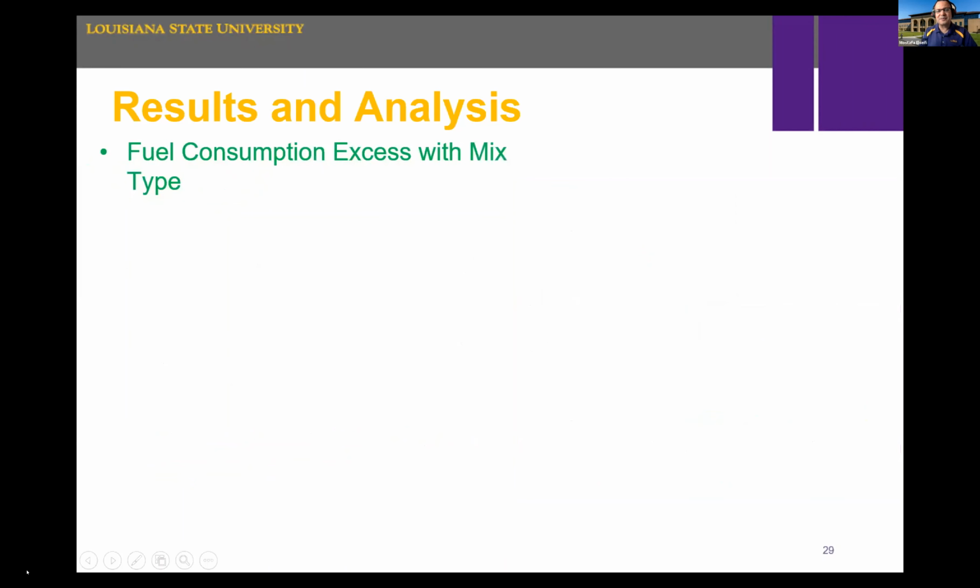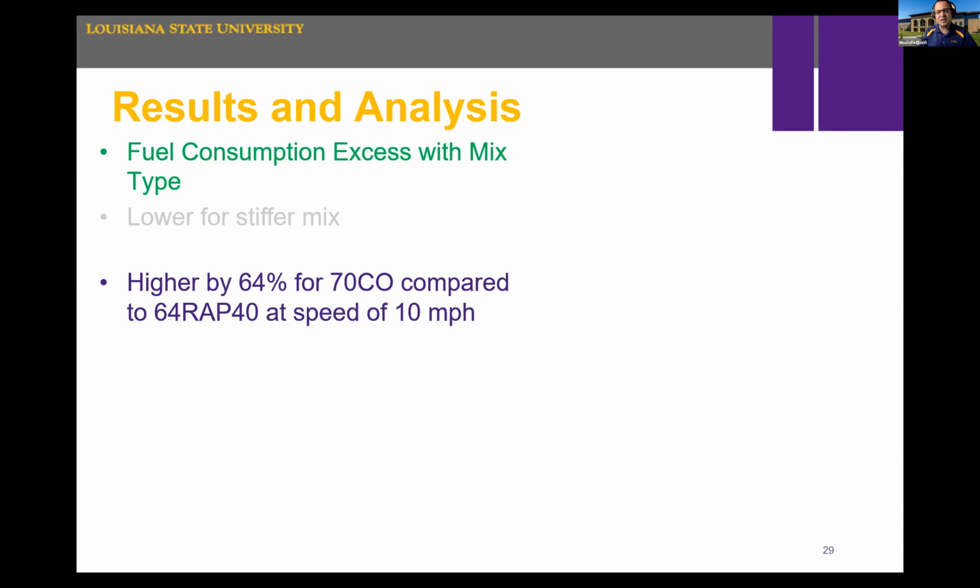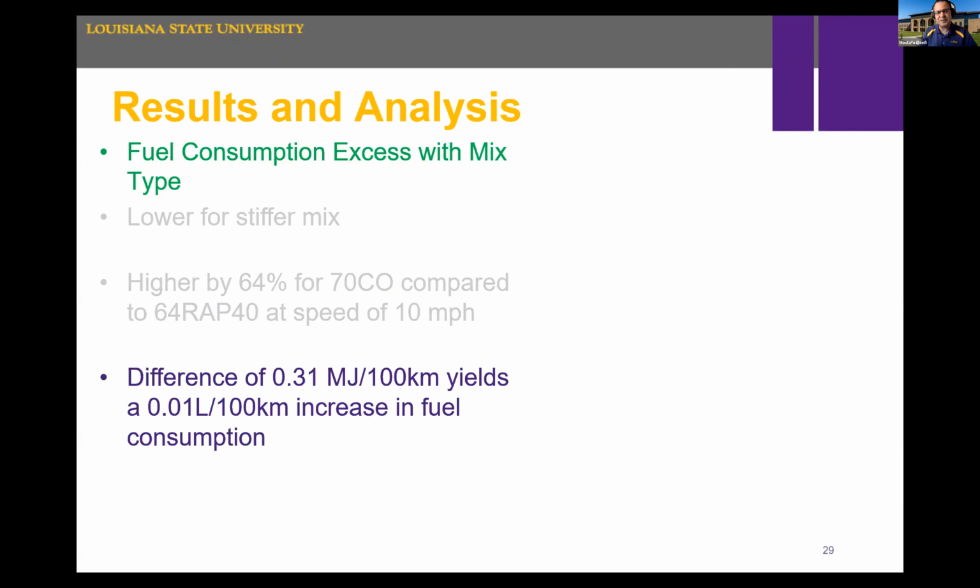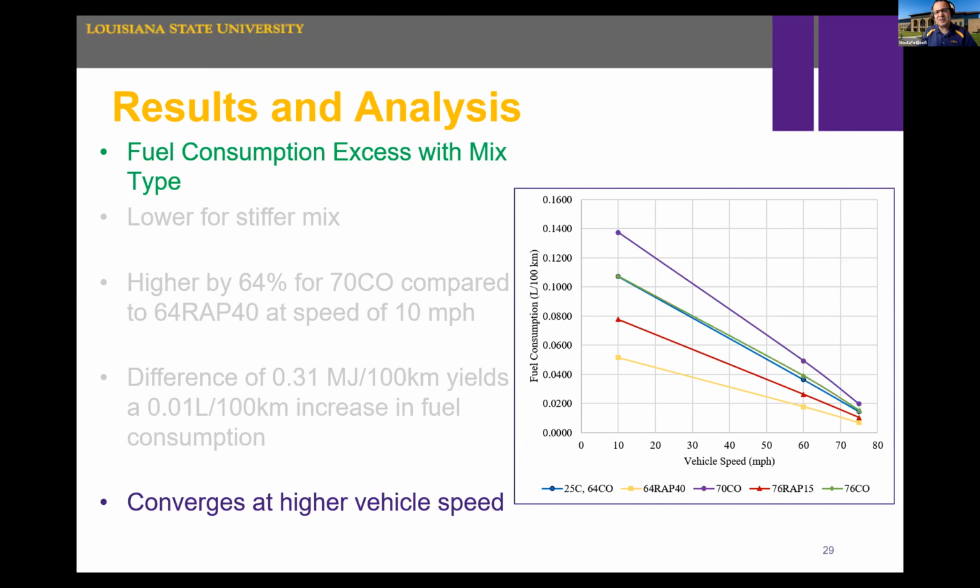All right. With respect to the mix type, we found that the fuel consumption was lower for stiffer mix. For example, it was higher for 70 conventional as compared to 70 RAP40, which had 40% RAP. You can see here the results.